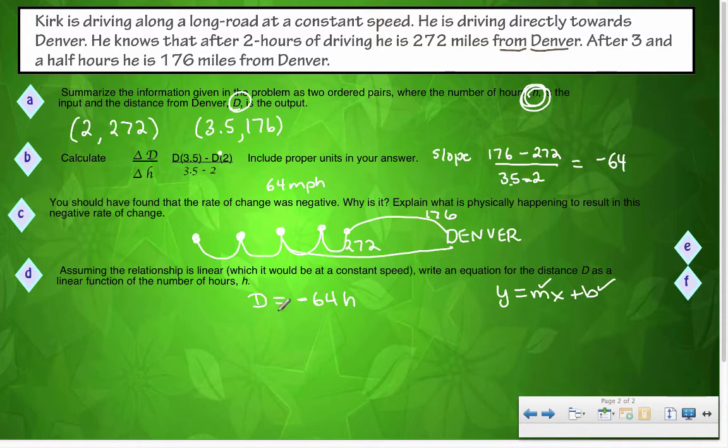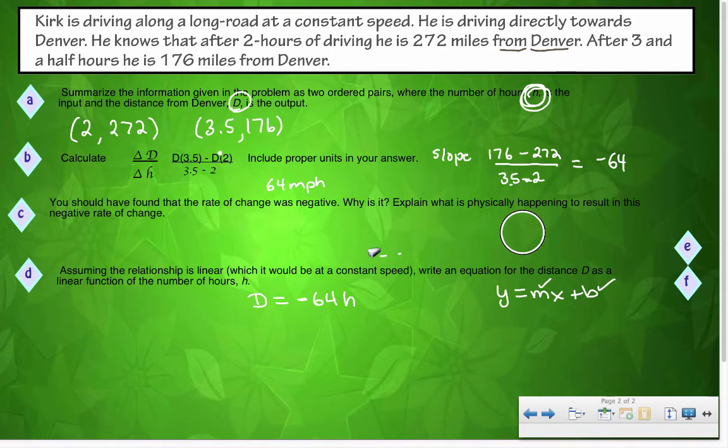Well, I'm going to clean this up a little bit, and I'm going to use this thought process that I used right here. Here's Denver. I'm going 64 miles per hour.